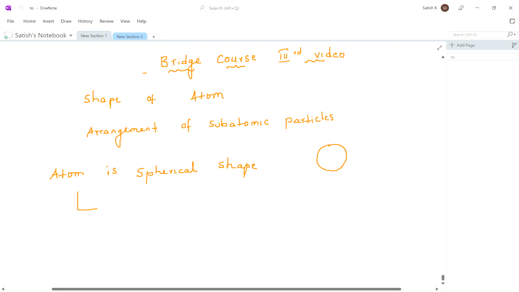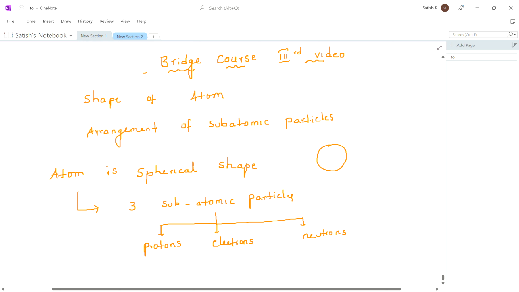Atom contains 3 subatomic particles. Those we call protons, electrons and neutrons.